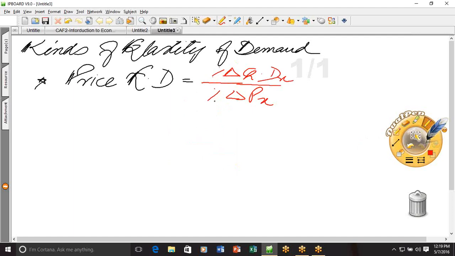If the percentage change in demand occurs due to its own price, it is called price elasticity of demand.